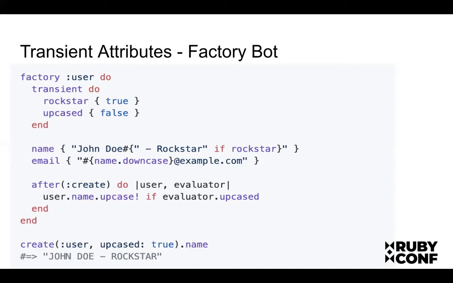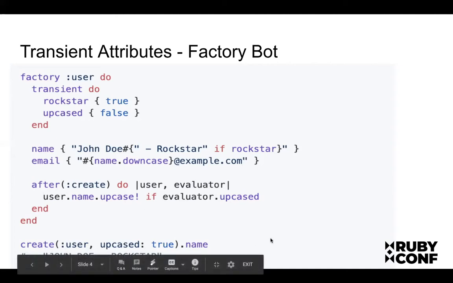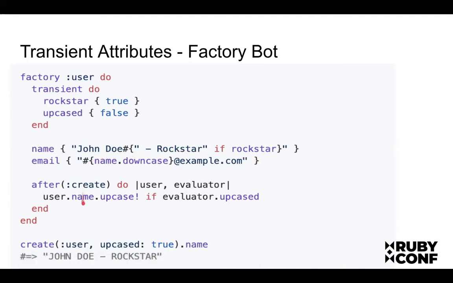In our test cases, to check different scenarios against a class, we have to create some factory objects, and there might be a little difference in their values. As you can see in our case, we are using a transient attribute upcase to make the name of this user uppercase if we want for this certain object. Otherwise, it will remain as the normal name of the user.